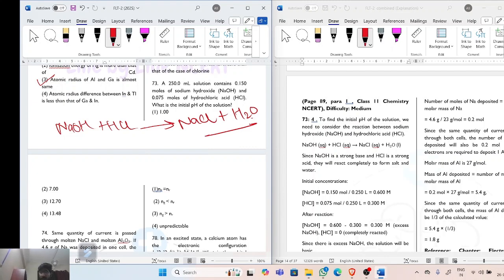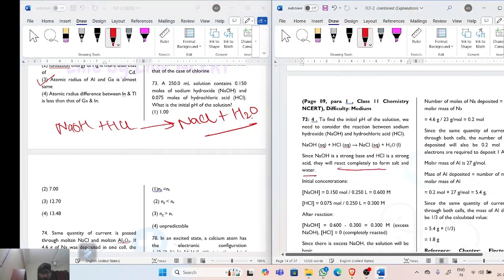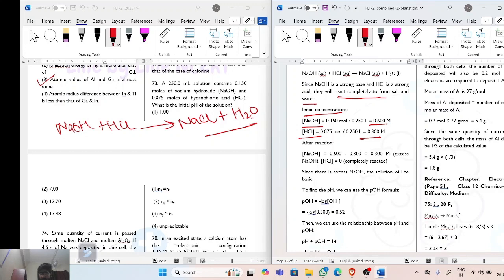Since NaOH is a strong base and HCl is a strong acid, they will react completely to form salt and water. The initial concentrations of NaOH and HCl are 0.6 and 0.3. After the reaction, HCl is completely reacted and NaOH is not, so HCl behaves as the limiting reagent.